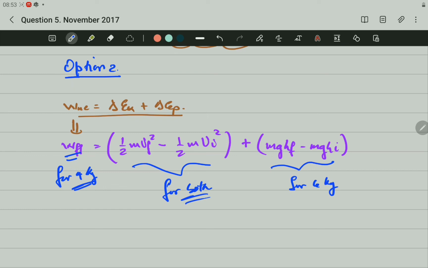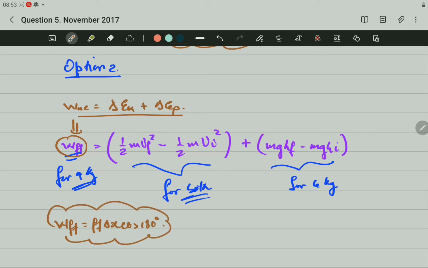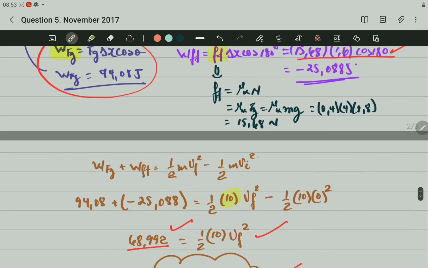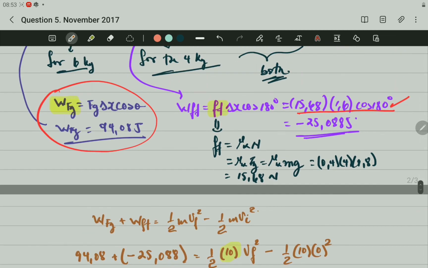Okay, so if we have this, then we can do the substitution. And note the following: the work done by frictional force, this one here, is equal to frictional force times displacement times cos of 180 degrees. You have to calculate it, but we already calculated it there, so I am not going to redo the calculation.